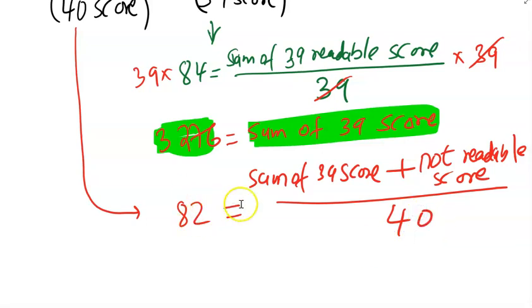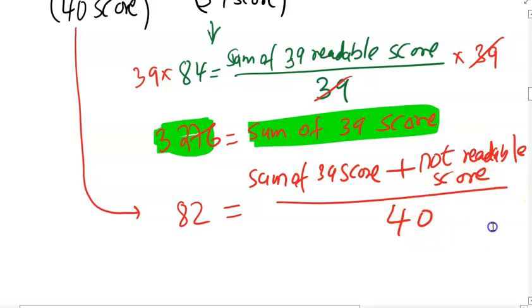Remember, 82 is the mean of all 40 scores, and 82 must be the sum of all 40 scores divided by 40.